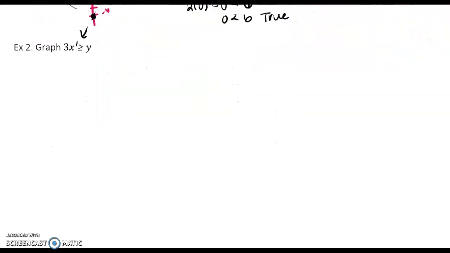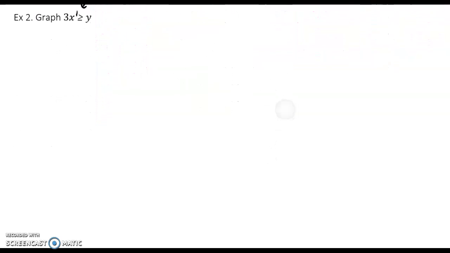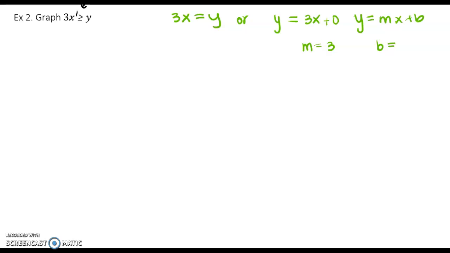All right, let's move on to the next one. The first thing we're going to do is replace that with an equal sign. So 3x equals y, or you could rewrite it with the y on this side. Again, this is y equals mx plus b. m is equal to 3, and b, since it's not actually there, is 0, you could put a plus 0.